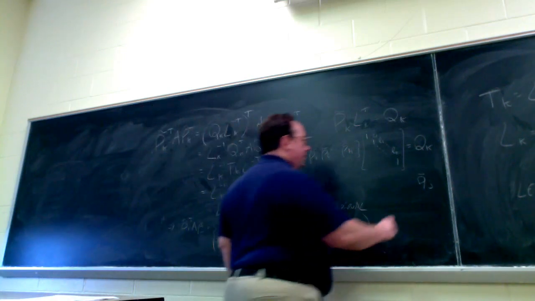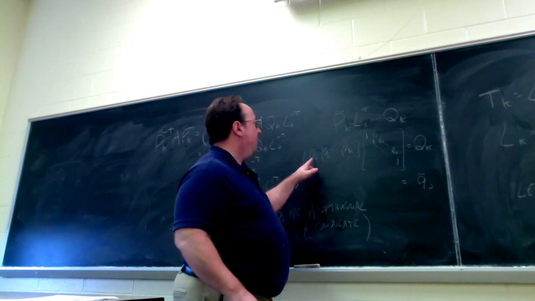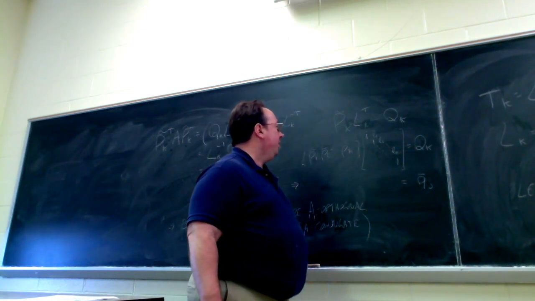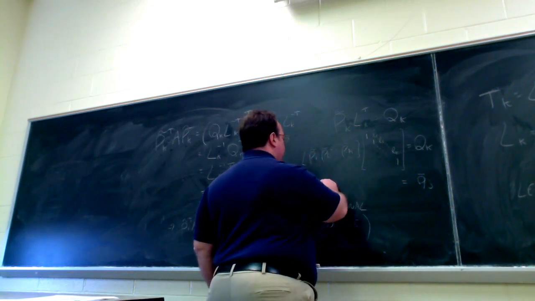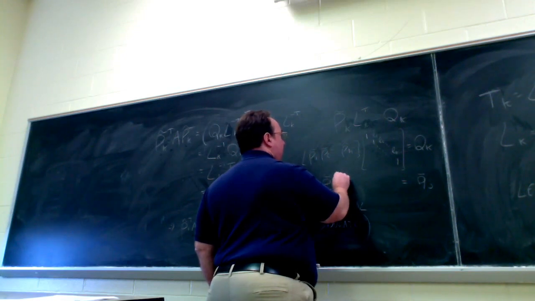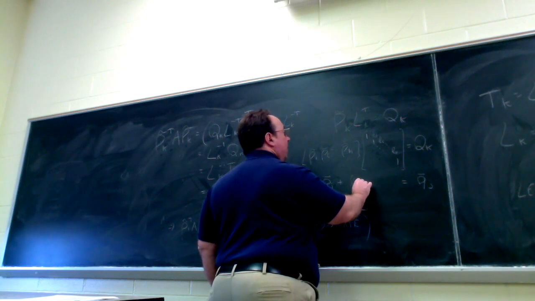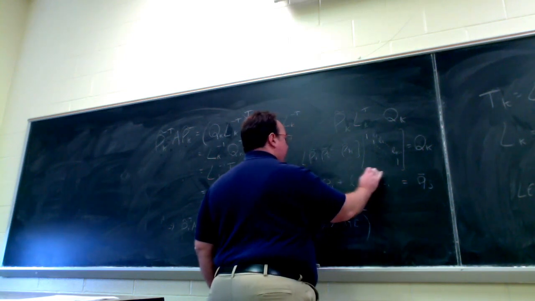And then, on the left side, I'm using this to combine columns. So what I get is, for each column, Q_j is equal to P_j tilde plus L_{j-1} P_{j-1} tilde.